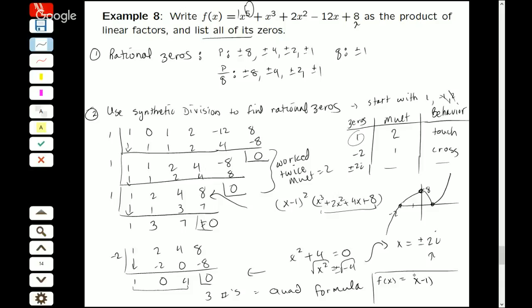It's x minus 1 to the 2nd power, x minus a negative 2 becomes x plus 2 to the 1st power, and then times x squared plus 4. There is your answer written as linear or quadratic factors. And so when you have the plus or minus 2i, you forget trying to find that zero, you just write that down there instead. That's exactly correct.